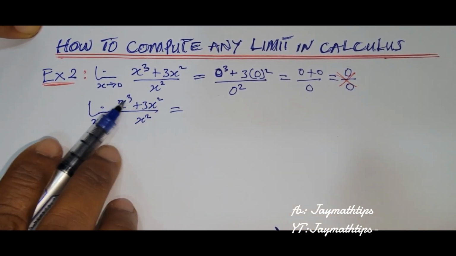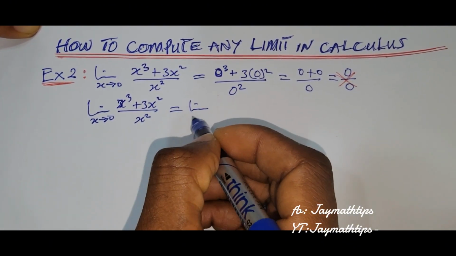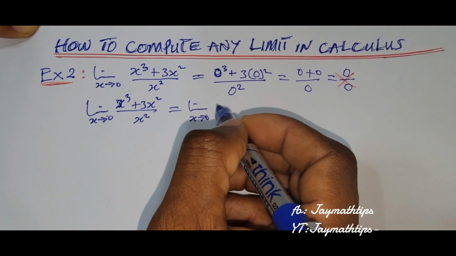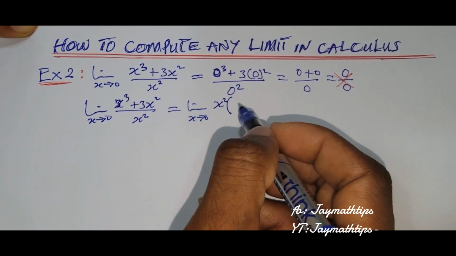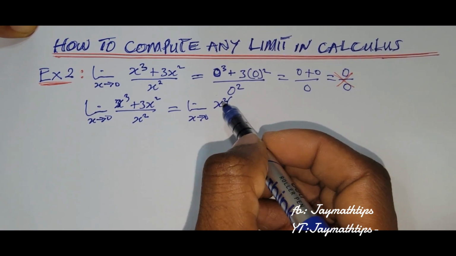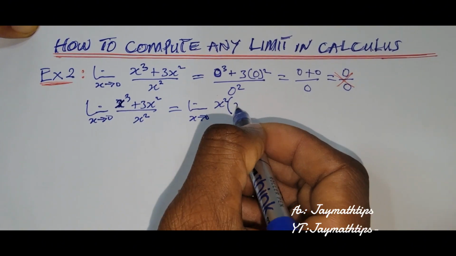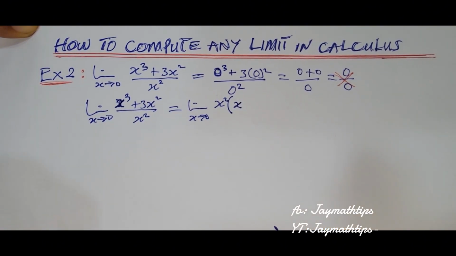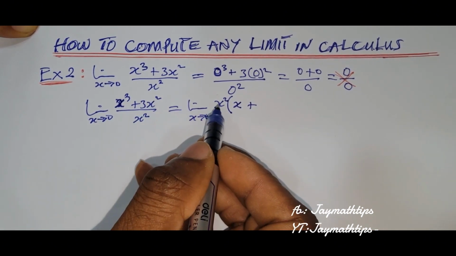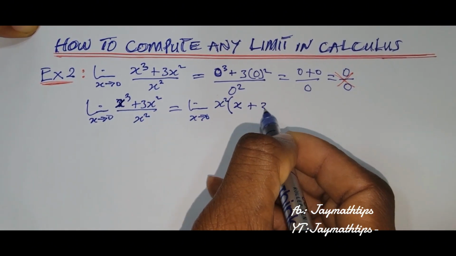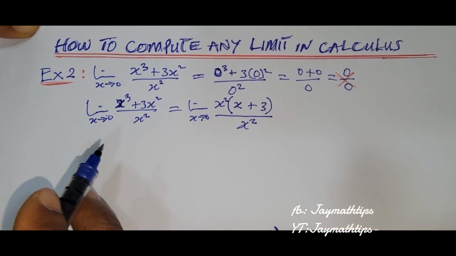can be factored out, and the common factor here is s squared. So we write the limit as s approaches 0 of s squared, open the bracket, you write, s cubed divided by s squared is equal to s, plus 3s squared divided by s squared, you have 3 as the balance, all over s squared.